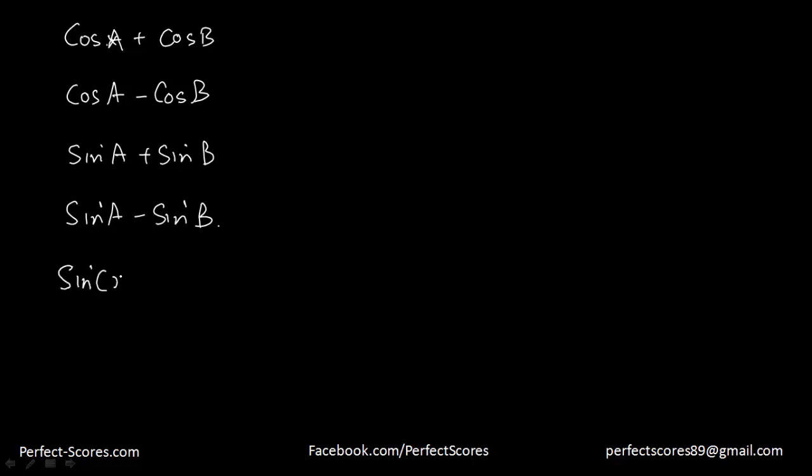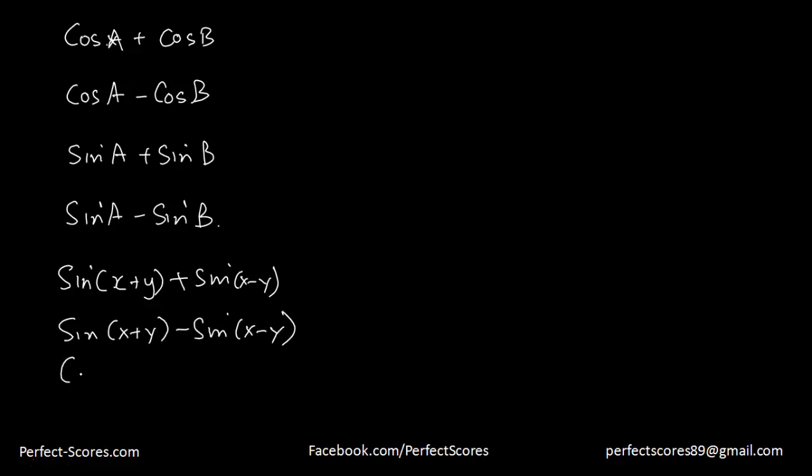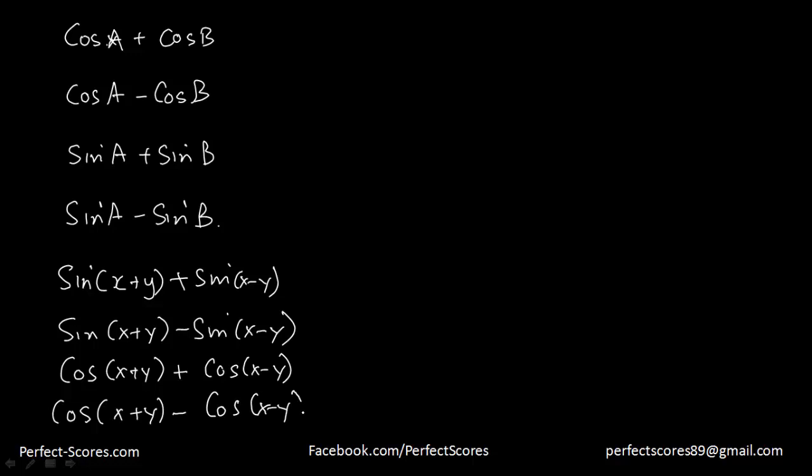Again, we also found out what is sine of x plus y plus sine of x minus y. We also found out what is sine of x plus y minus sine of x minus y. Same thing we found out for cosine of x plus y plus cosine of x minus y, and cosine of x plus y minus cosine of x minus y.